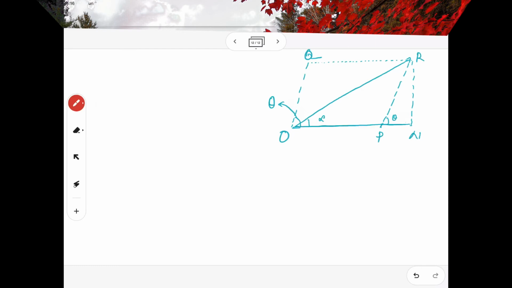So as per the law of parallelogram, the magnitude of C is C equal to root of A square plus B square plus 2AB cos theta.